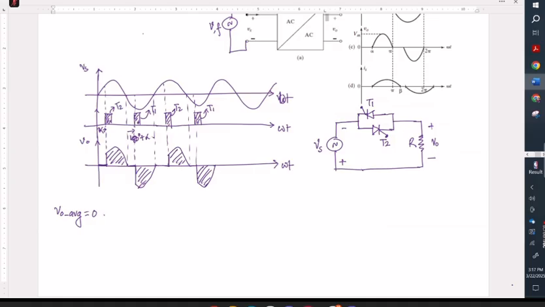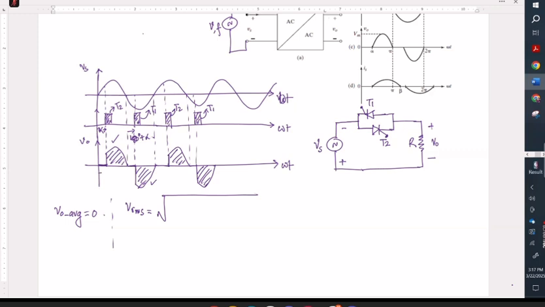Now, if I want to get the RMS value of this waveform, we can calculate that. So that should be your VRMS, and it should be 1 over, if I take the square of this term, this is negative and the square becomes positive.